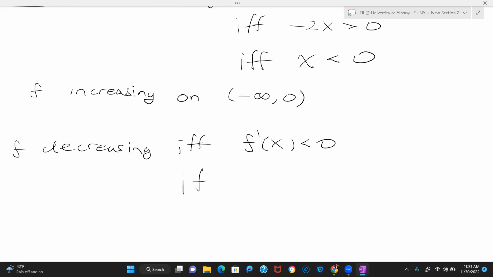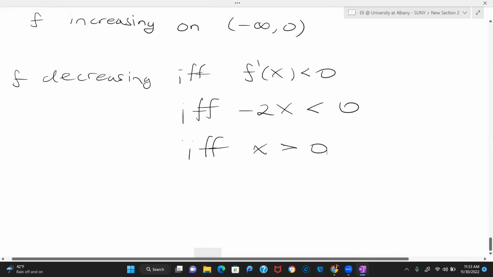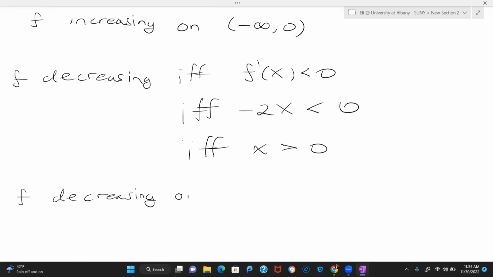Again, this is if and only if the numerator is negative, because the numerator completely determines the sign. Divide by -2, you get that. So f is decreasing on 0 to infinity.